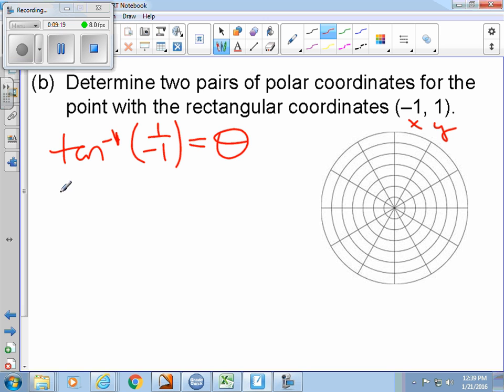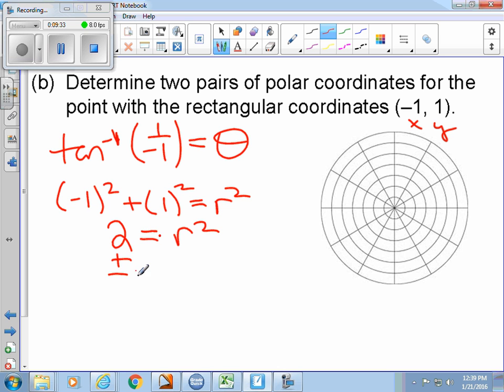What's the equation for r? Good. Now, I do have to think a little. Would you agree r could be plus or minus radical 2? Theta, if you type this in your calculator, it's going to give you the equivalent of negative 45 degrees, or negative pi over 4, right?